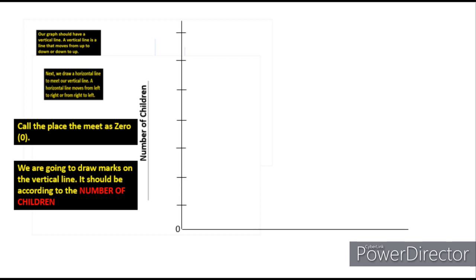So you get your ruler, and then you put the ruler on the vertical line. What you are going to do is, let's say every 1 centimeter mark you put a dot there. So you put your ruler here. Every 1 centimeter mark you put a dot there. You are counting seven dots.